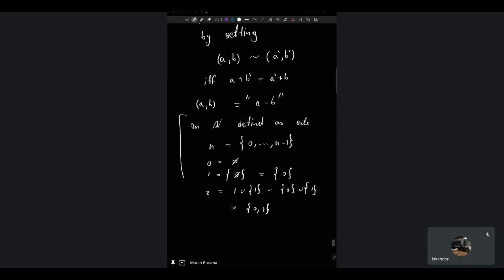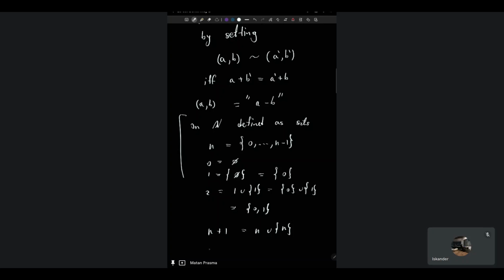And then, of course, we have an operation of addition. n plus 1 is simply n union the set containing the unique element n.